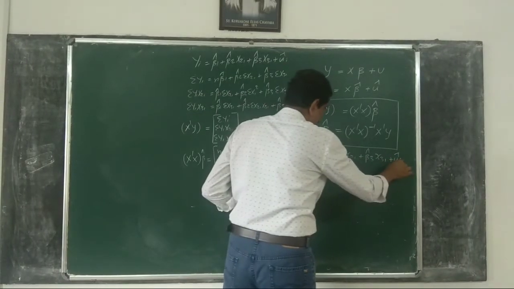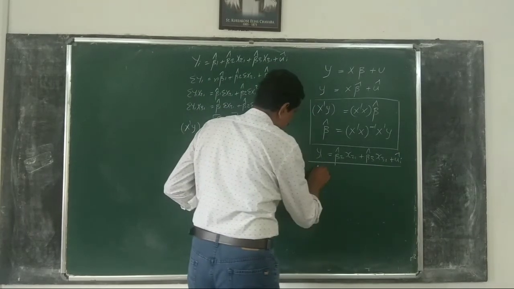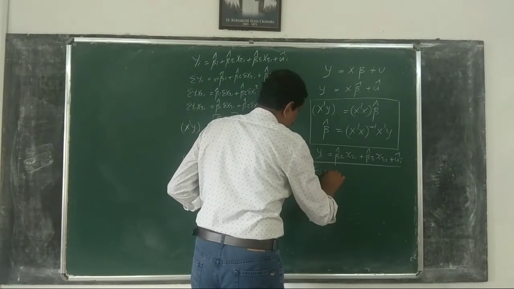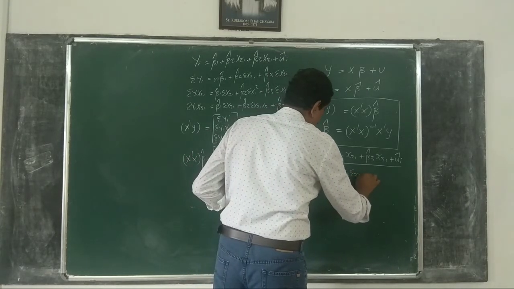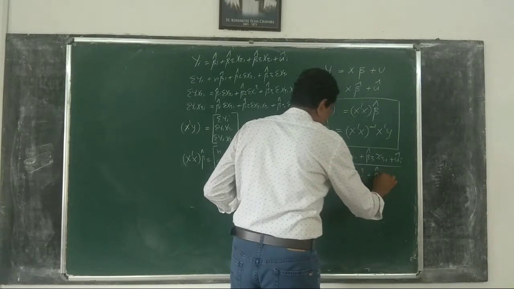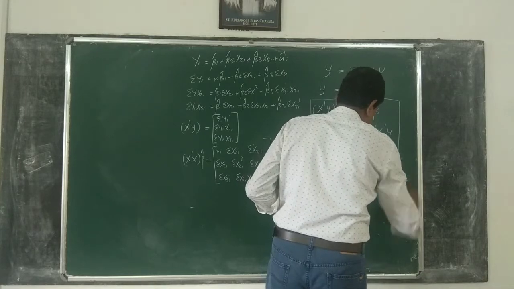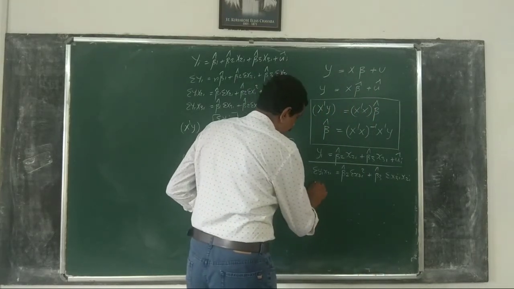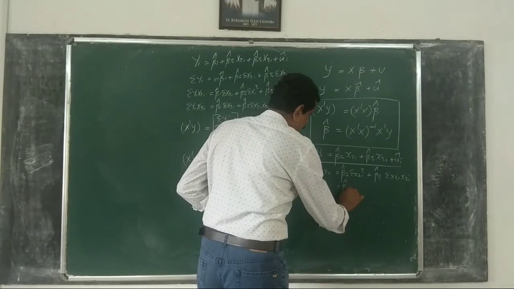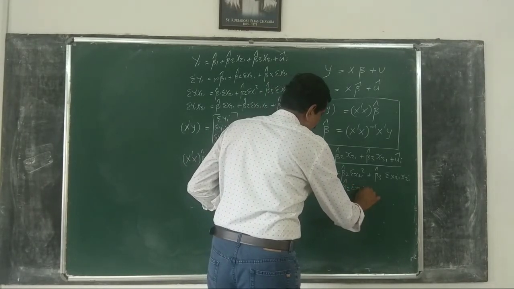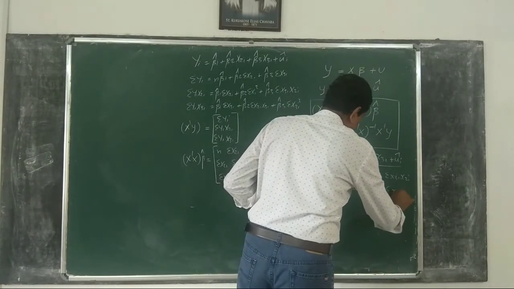In deviation form, for the three-variable model, the normal equations are sigma yi x2i is equal to beta 2 hat sigma x2i square plus beta 3 hat sigma x3i x2i. First normal equation. The second is sigma yi x3i is equal to beta 2 hat sigma x2i x3i plus beta 3 hat sigma x3i square.